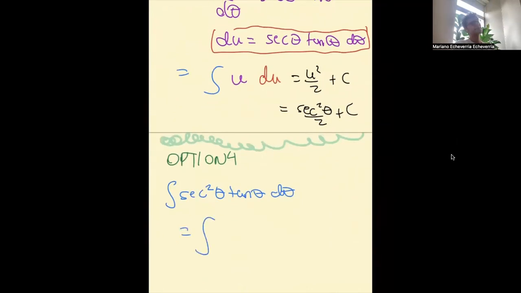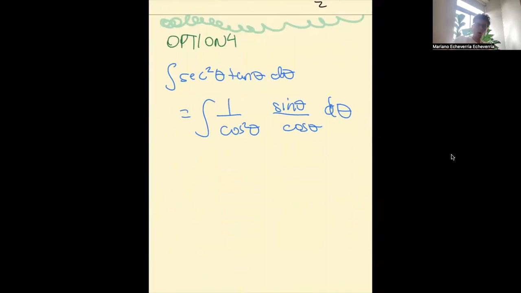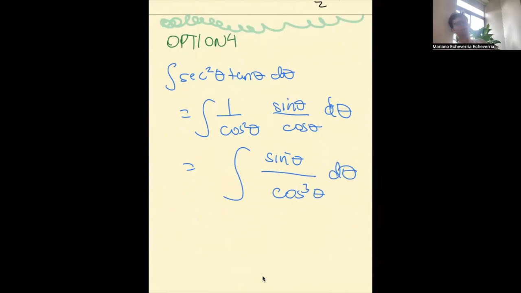So what is secant square in terms of cosine? As I had said before, it's 1 over cosine square of theta. And tangent in terms of sine and cosine is sine of theta over cosine of theta d theta. Okay? And so I'm going to rewrite this as sine of theta over cosine cubed of theta d theta. Can anyone think about a substitution to make here?